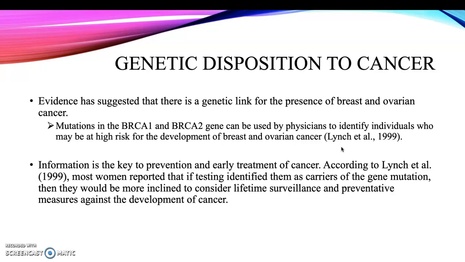According to Lynch, most women reported that if testing identified them as a carrier of the gene mutation that we've mentioned, the BRCA1 and BRCA2, then they would be more inclined to consider a lifelong surveillance of their health and take preventative measures against the development of cancer.